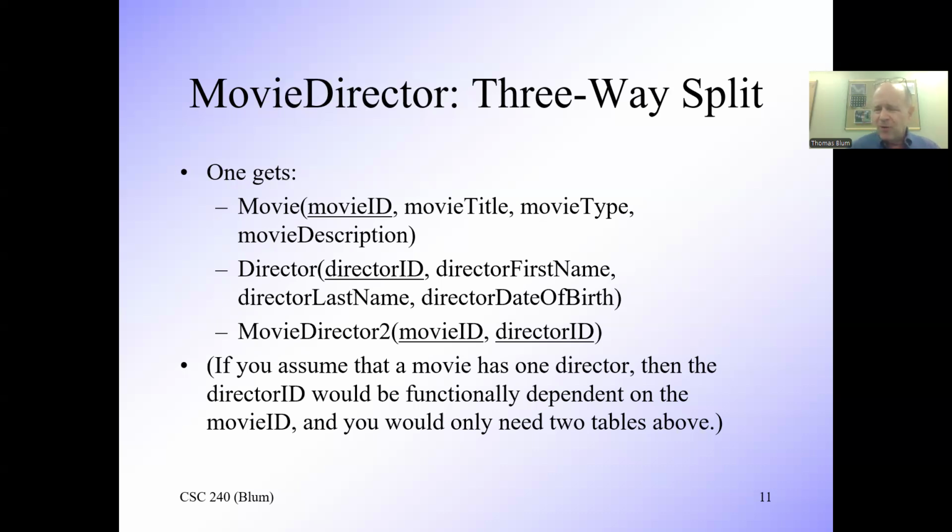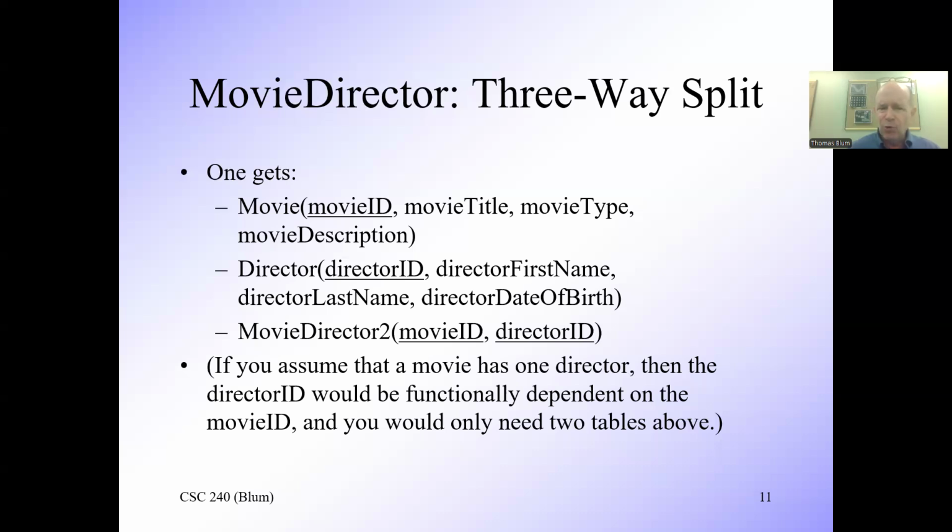Now, we always talk about relationships, and we say a director makes many movies. And then for a movie, now we have to ask the question the other way around. A movie is made by, and I'm imagining here, many directors.